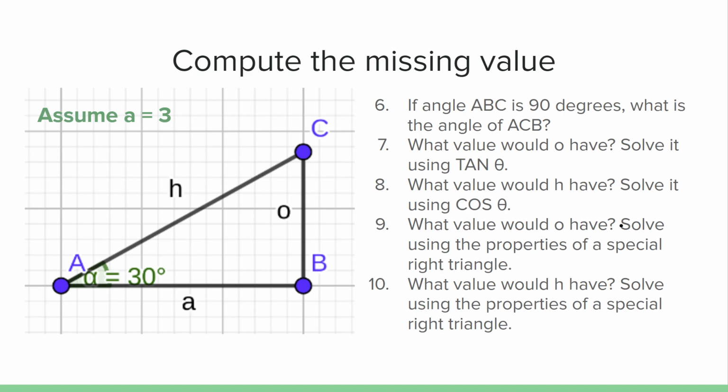Let's see. Number 9 solves for special right angles. Do you guys remember the special properties of a 30, 60, 90 triangle? So, anyone can answer this? Number 9, using the 30, 60, 90.